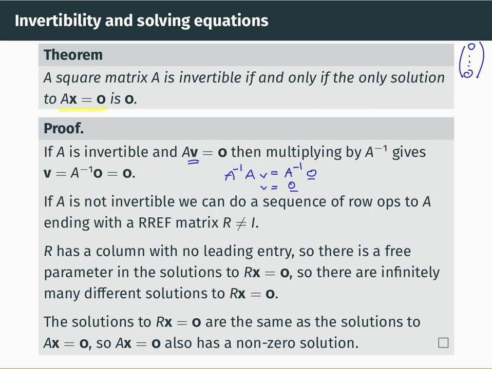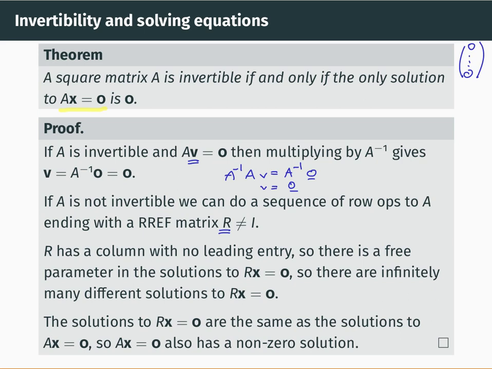So let's suppose that we can do a sequence of row operations to A and end up with a row-reduced echelon form matrix, which I'll call R, which is not the identity matrix. Now, since R is a square row-reduced echelon form matrix not equal to the identity, as we've argued before, it must have a column with no leading entry.